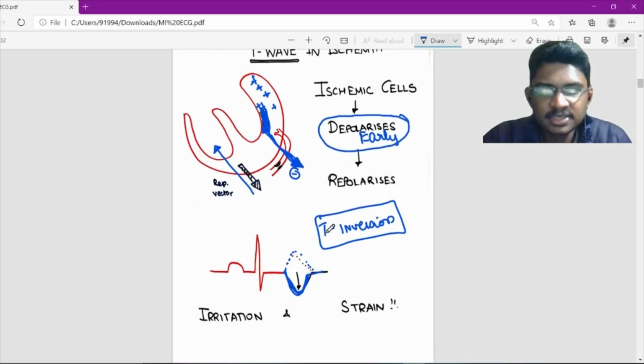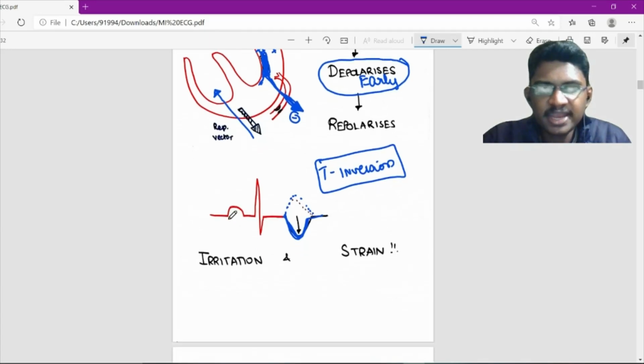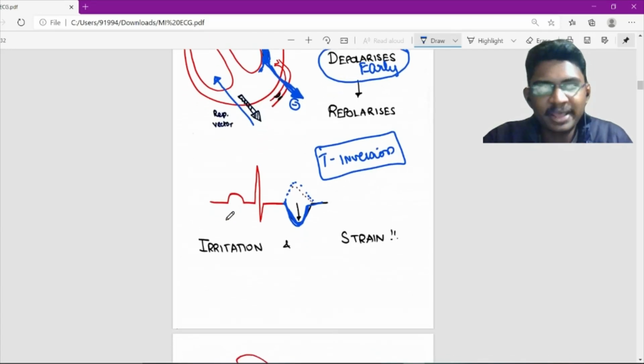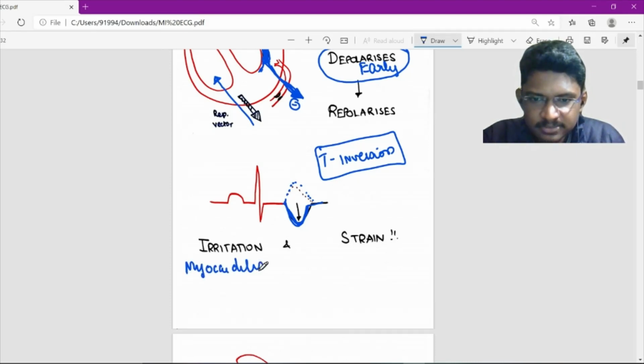Okay, T wave inversions can happen in ischemia, and also if the myocardial layer is irritated or strained. Irritation means any inflammation in the myocardium or pericardium, like myocarditis, pericarditis.